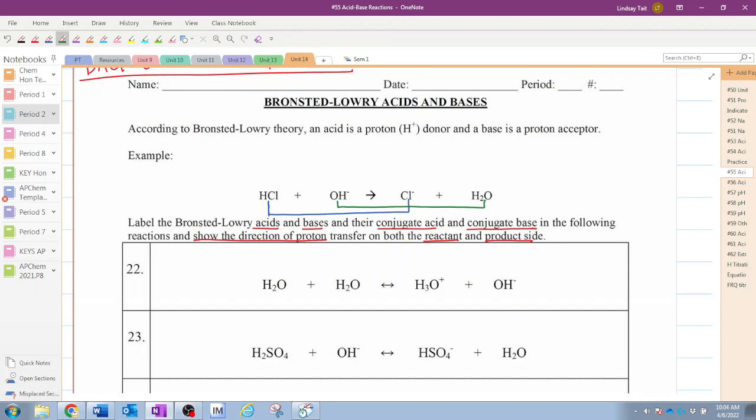Step two, you need to add labels. And for your labels, we said that the acid is the one that had what? More hydrogen. So I'm focusing just on my blue pair. And in the blue pair, who has more hydrogens? HCl. That means it's the acid half of the pair, and the Cl minus is the base half of the pair. And let's do the same thing for the OH and the H2O.